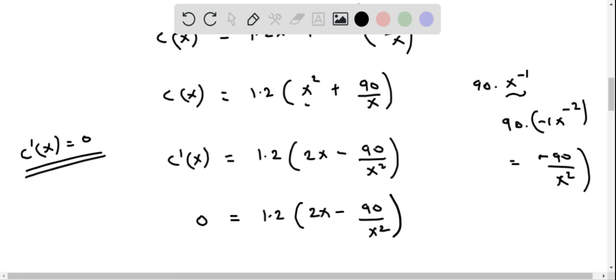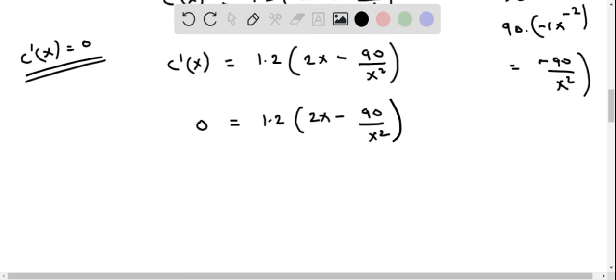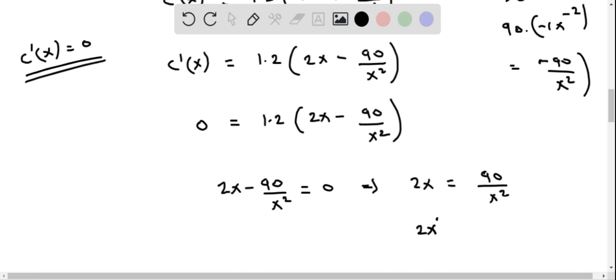And so from this we can solve for x. Dividing both sides by 1.2, we will get only 2x minus 90 by x squared equals 0. Let's solve for x from this one. So I add 90 by x squared to both sides, which gives 2x equals 90 by x squared. Multiplying by x squared, we get 2x cubed equals 90.